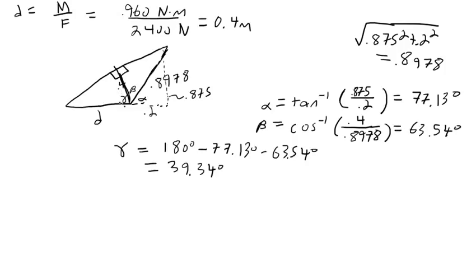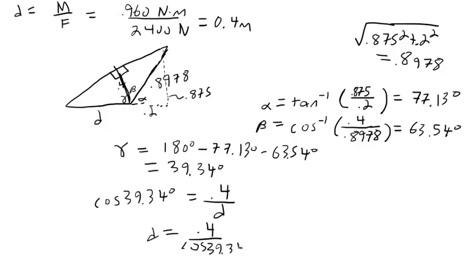And now we simply say, oh, look. So we have this triangle here now. I'm looking at this right triangle here. I can simply say the cosine of 39.34 degrees is adjacent over hypotenuse, so 0.4 over d. D is 0.4 over the cosine of 39.34 degrees.